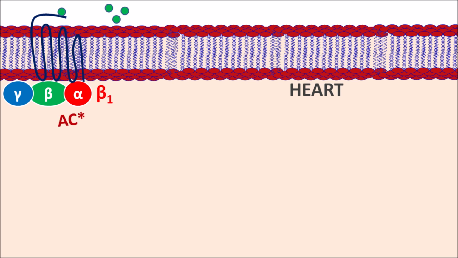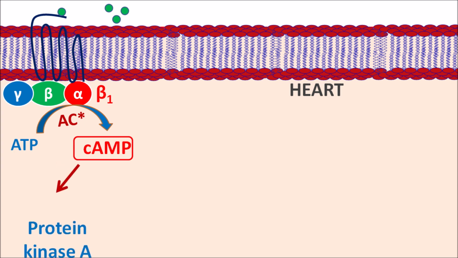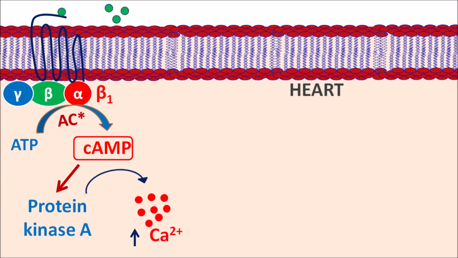This adenylyl cyclase can convert the ATP into one of the secondary messengers, cyclic AMP. This cyclic AMP can stimulate the protein kinase A, which are the phosphorylating enzymes responsible for control of many of the ion channels. So they can increase the intracellular calcium levels, which is responsible for contraction of cardiac muscle.